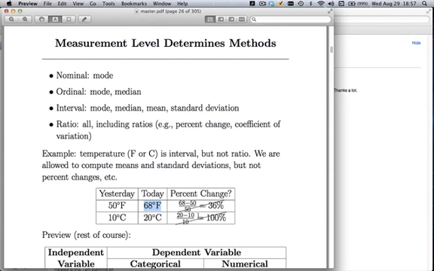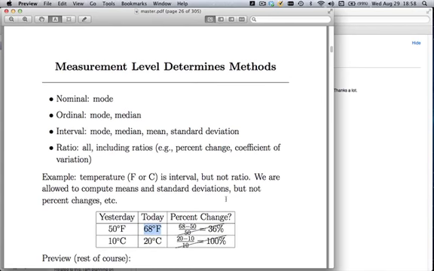The problem here is that you're not allowed to compute a percent change unless 0 means the absence of anything. That means that you can't shift it around. So the basic problem here is we're shifting these temperatures around with the 0, and that's why you get this kind of crazy result where it can't be both 36 and 100% warmer at the same time.